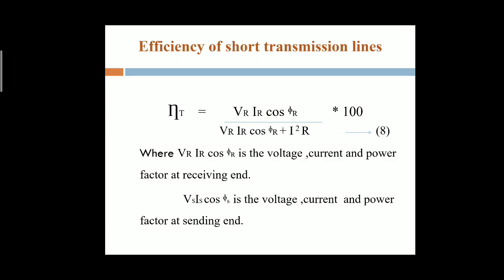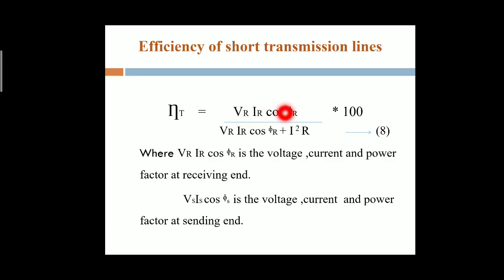The delivered power is the receiving end power. We already know the formula for power: power equals VI cos phi. The delivered power means VR IR cos phi r.